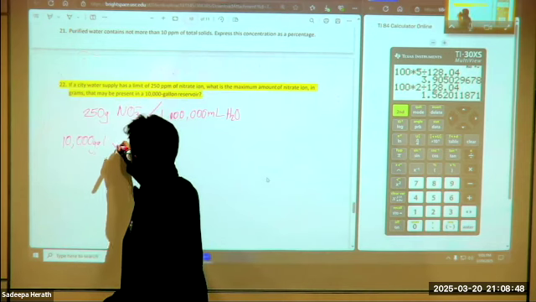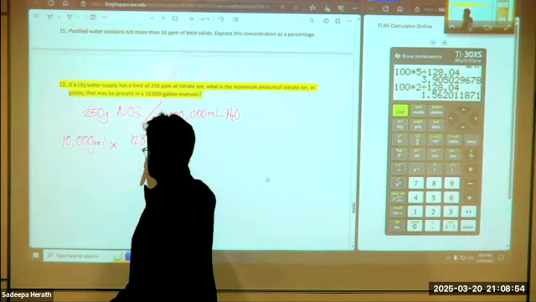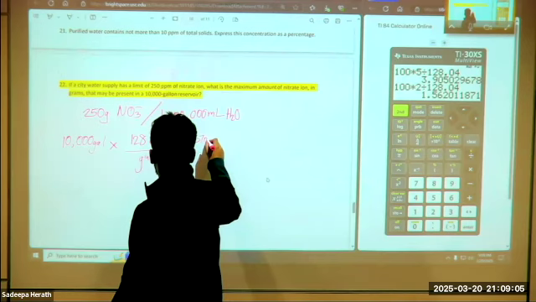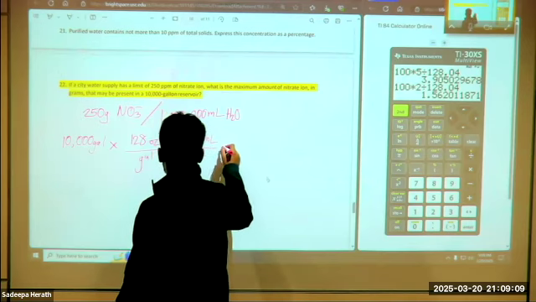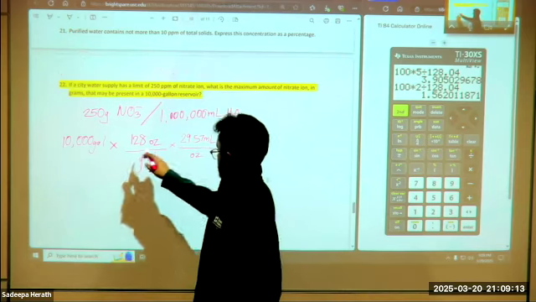So we can say 10,000 gallons times 128 ounces per gallon, known values you need to know, times 29.57 mL per ounce. So we cross out gallon, cross out ounce.